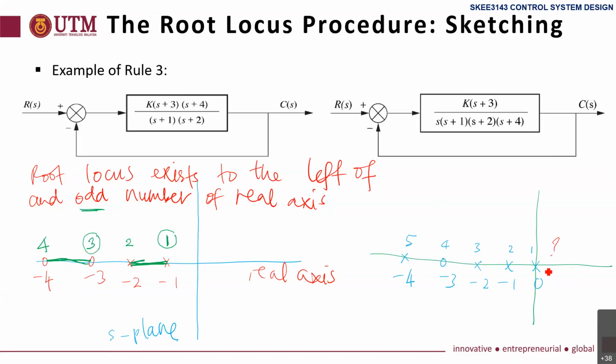Do we have root locus on the right of number 1? No, no root locus. Here, region A, do we have root locus?